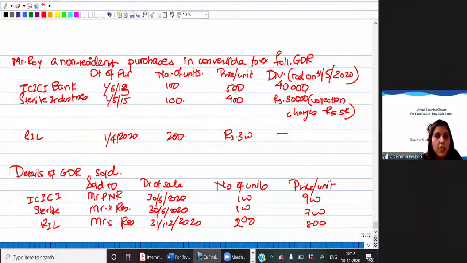Yes, Tushar, perfect. But I think Tushar for STCG you have missed 1-0.